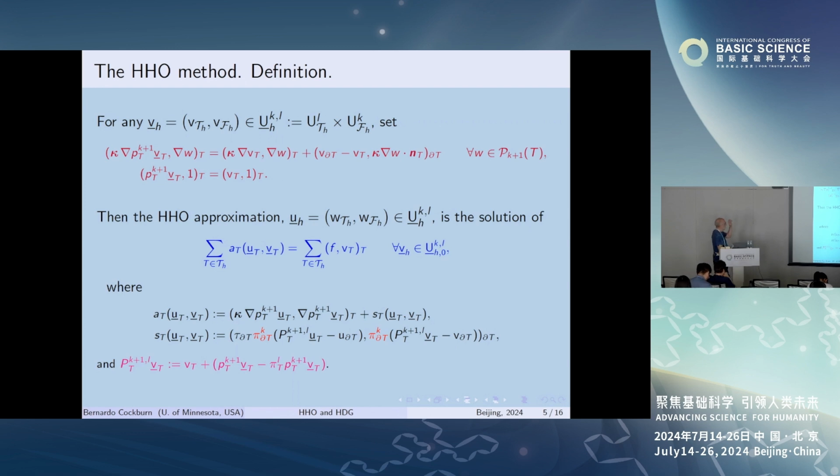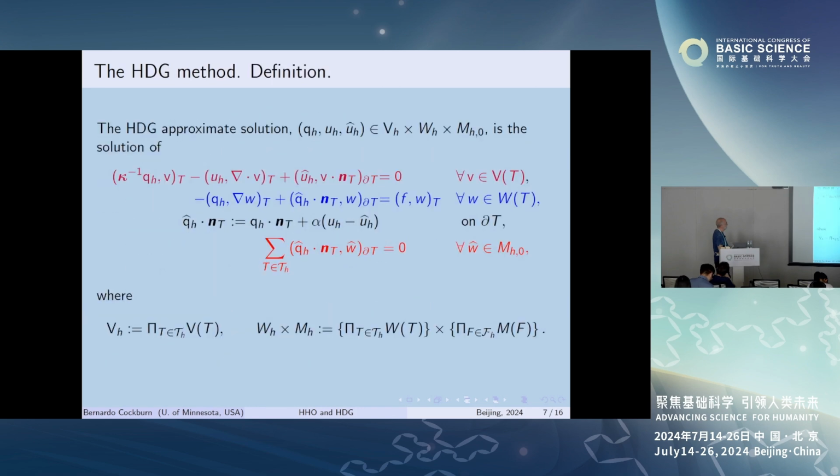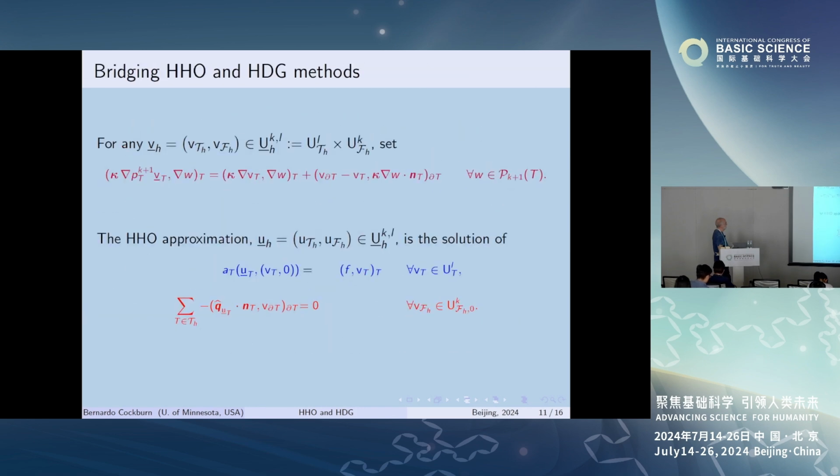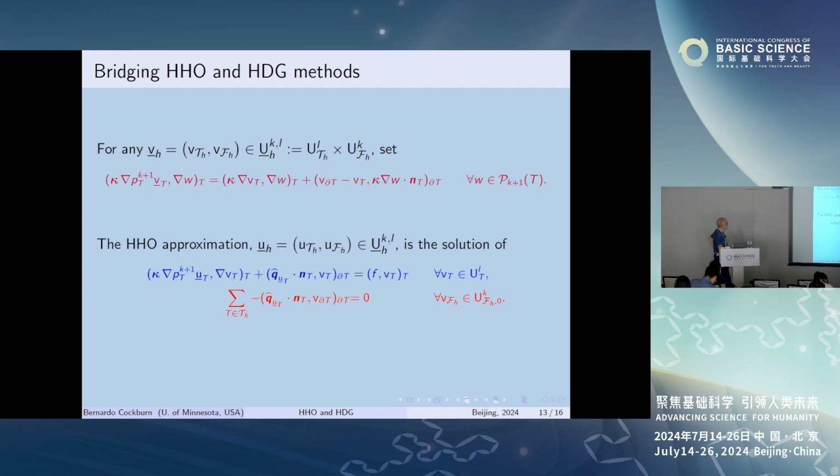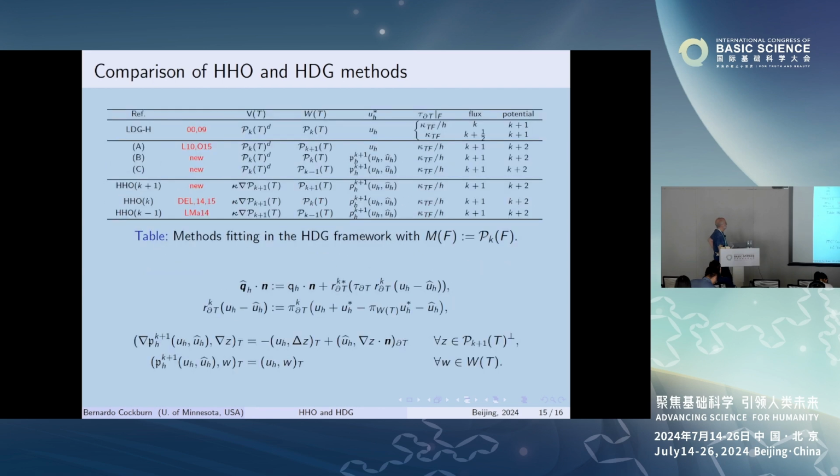So in the table I show, all the U hats are in the same space. So all U hats are in Pk. Essentially this means that the computational complexity is the same for all the methods, because this is what is really difficult to find. The local solvers, the local problems, you can solve in parallel.